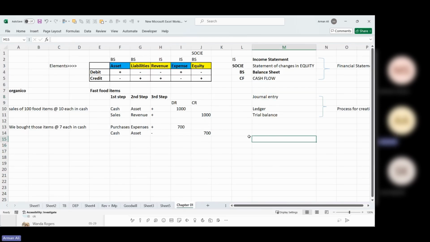In balance sheet, all the assets come on the debit side, sorry, on the left side.